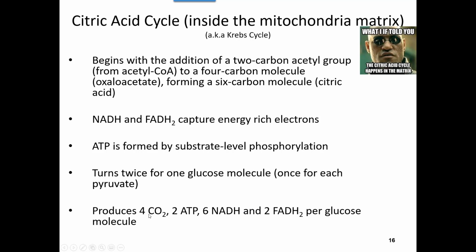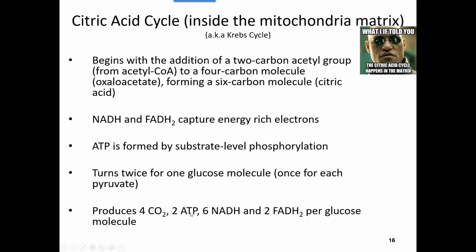We lost 2 of them when the pyruvate turned into acetyl-CoA, and now we're losing the other 4 carbon. So at the end of the citric acid cycle, all 6 of the original carbon in glucose have now been lost as carbon dioxide. We don't get a lot of ATP out of this step, but the biggest things we really get out of here are these electron carriers.